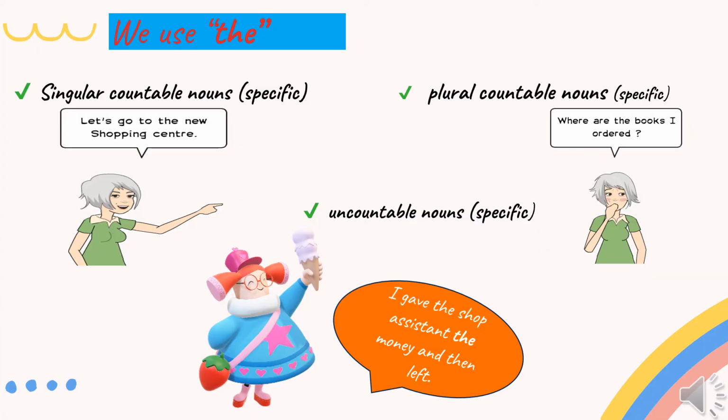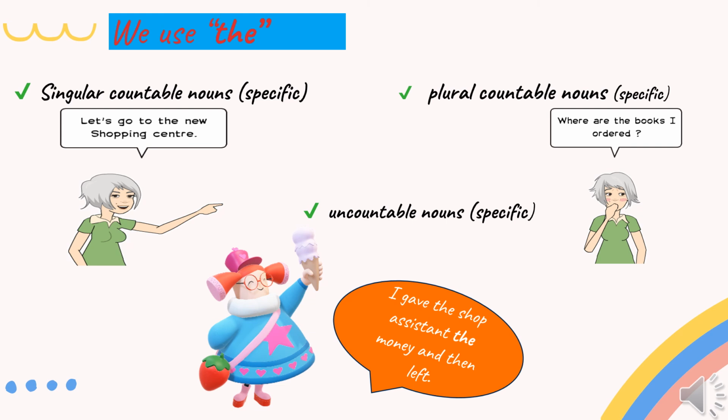We use the with singular countable nouns if it is specific. Let's go to the new shopping center, where we are talking about one specific shopping center.